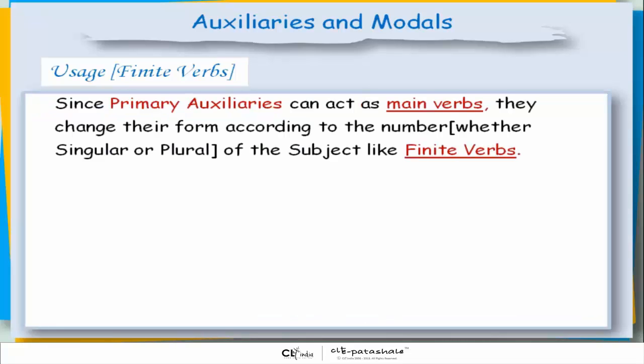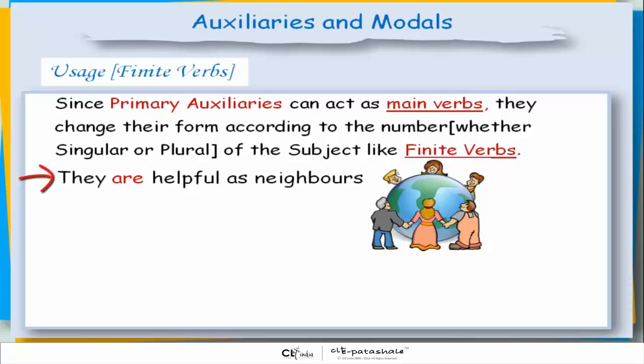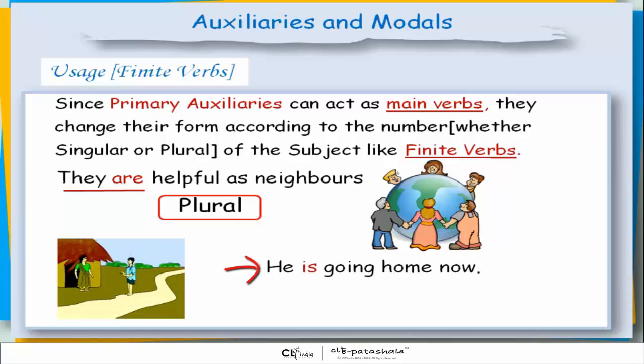Since primary auxiliaries can act as main verbs, they change their form according to the number, whether singular or plural, of the subject, like finite verbs. They are helpful neighbors. Are is plural. He is going home now.